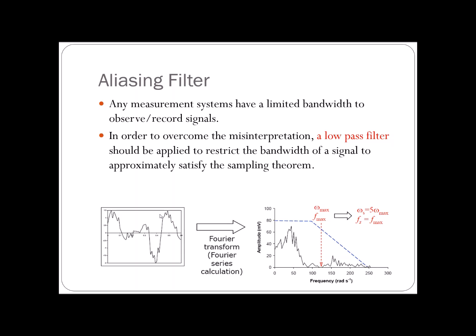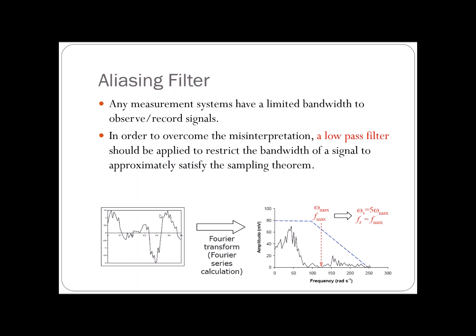The information of the high frequency signal will not be captured by your device. Of course, you cannot capture it, but at least by filtering the high frequency signal, you will not have a wrong interpretation of the signal that you record.